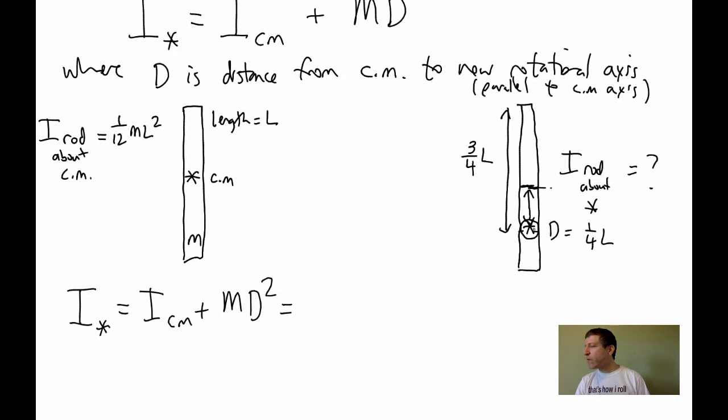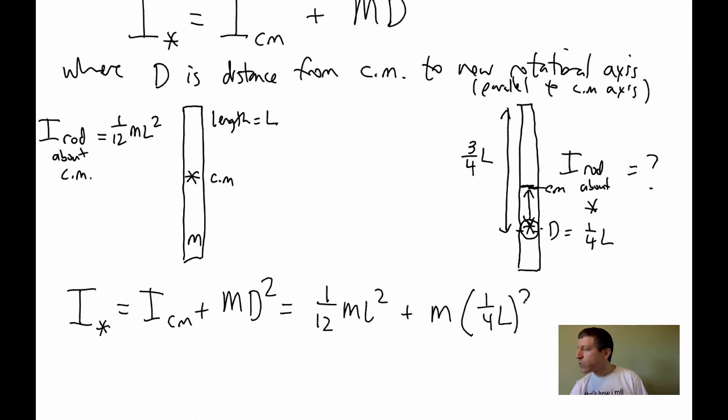This is at 3/4 of L. So the distance between the center of mass right here, that's the CM, and the axis of rotation is 1/4 of L. So I'm going to take the I of the rod, and this you'd have to either calculate using calculus, or you might be given it. That would be 1/12 ml squared plus m times our d, which is 1/4 of L, the distance between the center of mass axis and our new rotational axis, 1/4 L squared.